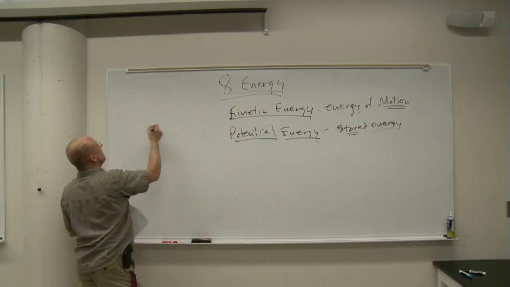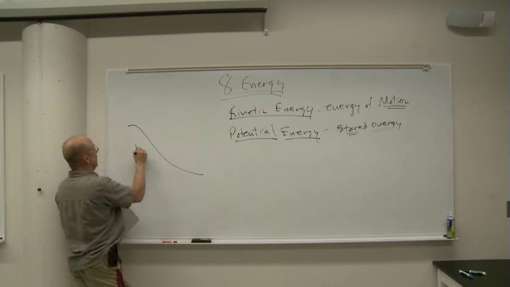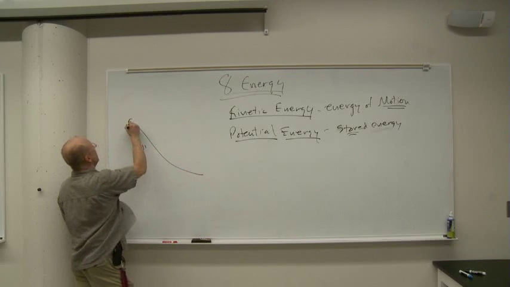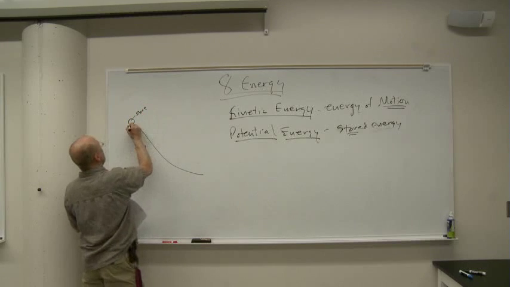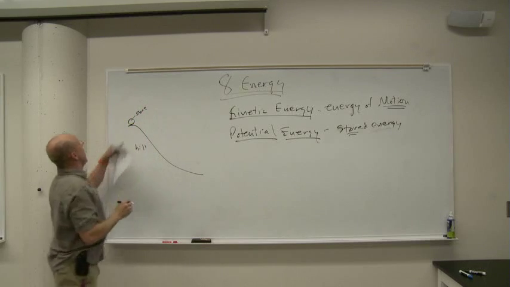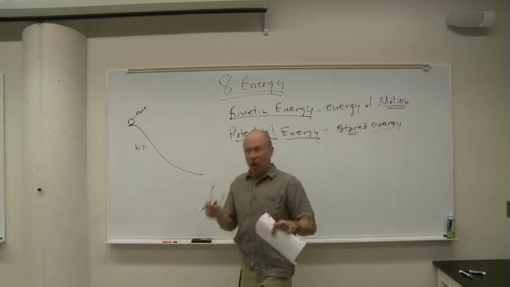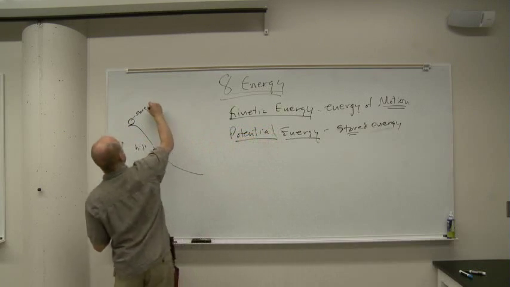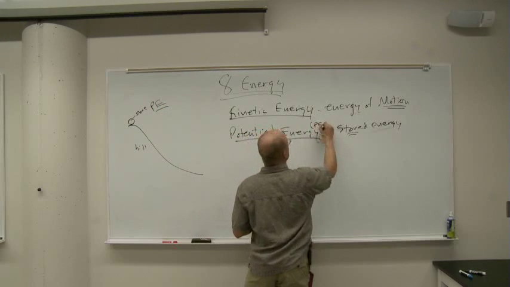What your book likes to do is to present this classic, so here's a hill, and up on the hill is a big stone. This is a very round stone, and that particular stone in its position has tons of potential energy, PE.